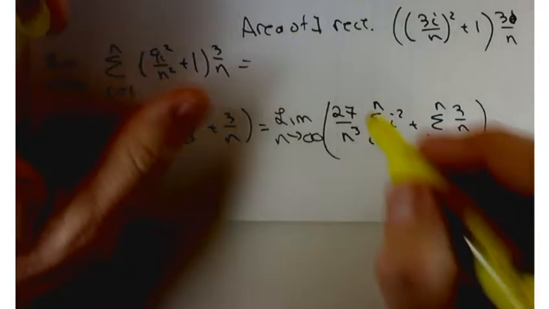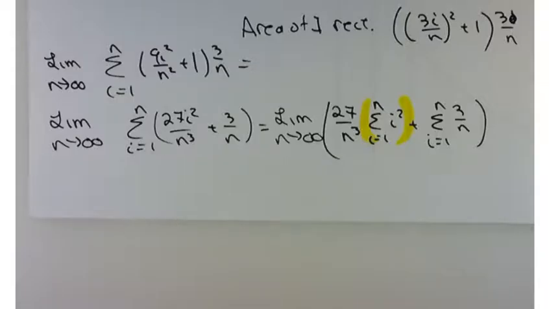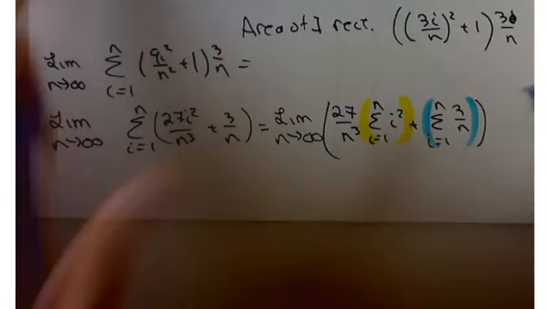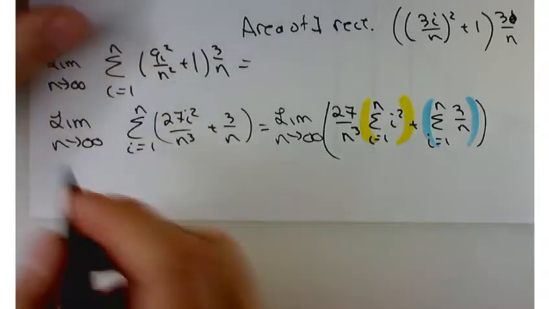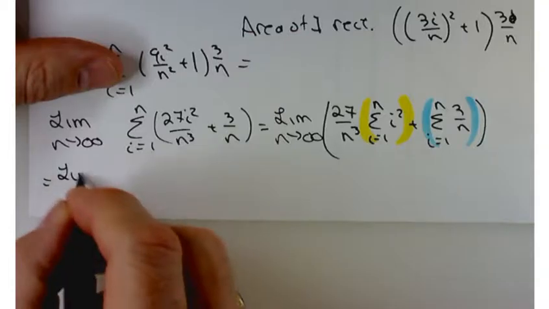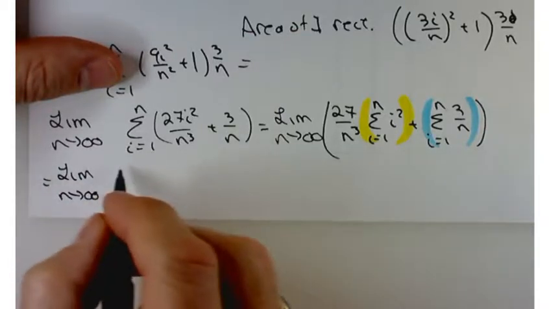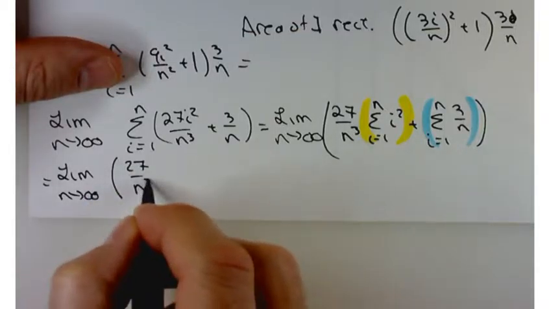What's helpful at this point is to realize that we can replace these summations with some expressions. Both these summations are going to simplify. So what's that going to give me? Well, limit as n approaches infinity of 27 over n cubed.